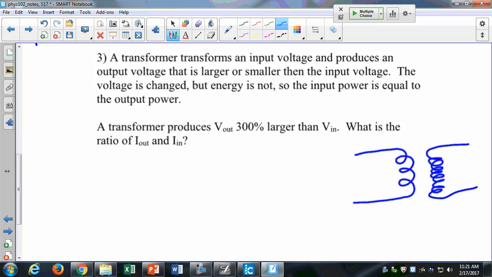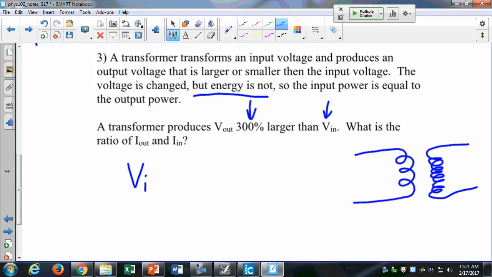And so we get high voltage on the lines, but then a low voltage coming in. And so what this is saying is that I put in a small voltage, but I get out a voltage that's 300% larger. But it says that the energy is not changed. So let's think about the power.